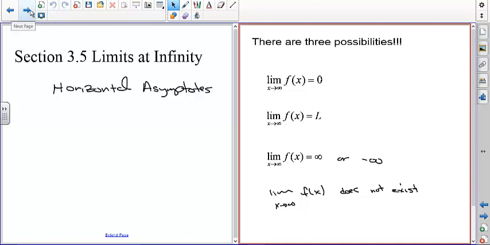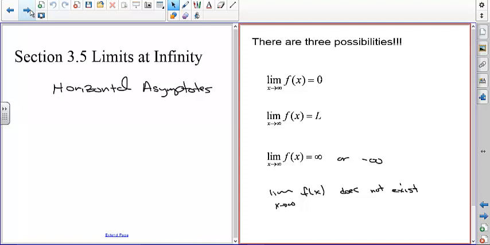And it ultimately comes down to, when you look at rational functions, how the order of the polynomial in the numerator compares with the order of the polynomial in the denominator, which means the highest exponent.